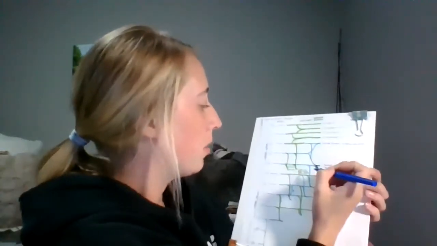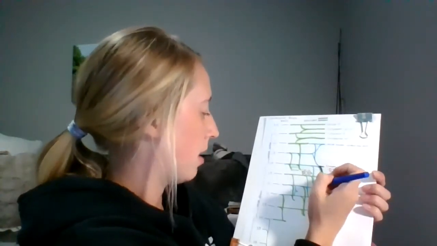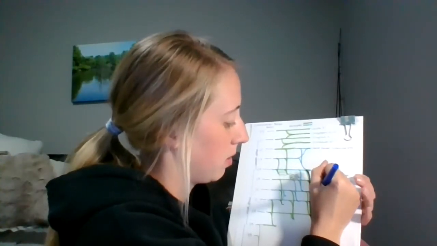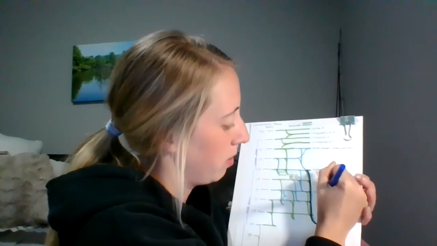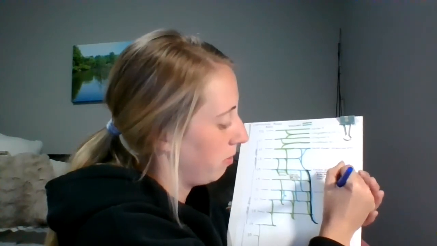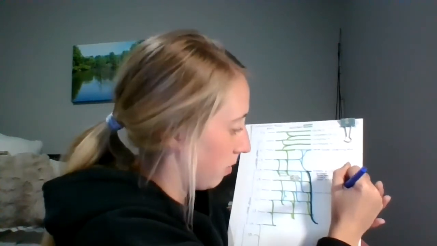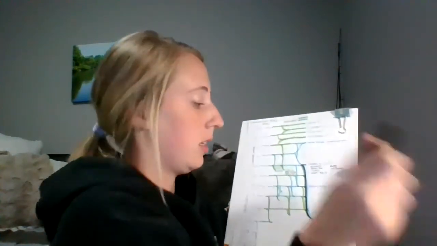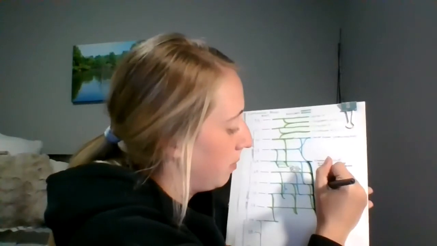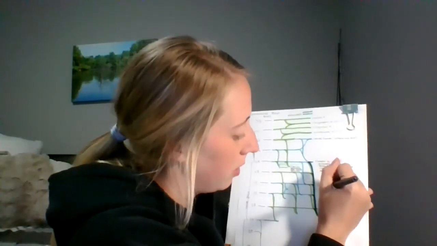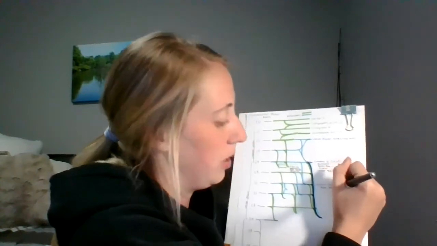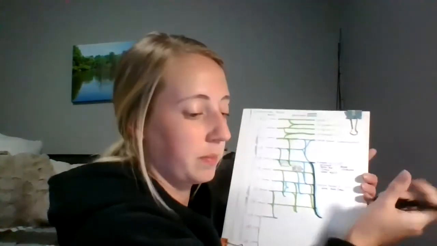Then on the posterior side, we have L4, L5, and S1 leading into the superior gluteal nerve. So that's L4 to S1. That innervates the gluteus medius and the gluteus minimus.